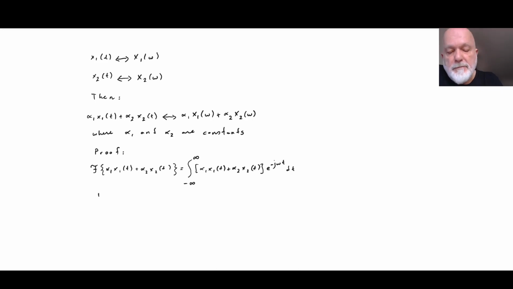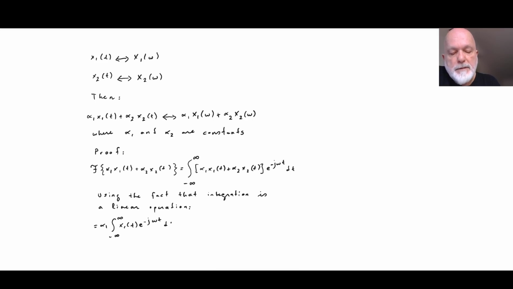Now, using the fact that integration is a linear operation, this integral can be decomposed as alpha 1 times the integral from minus infinity to plus infinity of x1 of t e to the minus j omega t with respect to t, plus alpha 2 times, again from minus infinity to plus infinity, the integral of x2 of t e to the minus j omega t with respect to t.